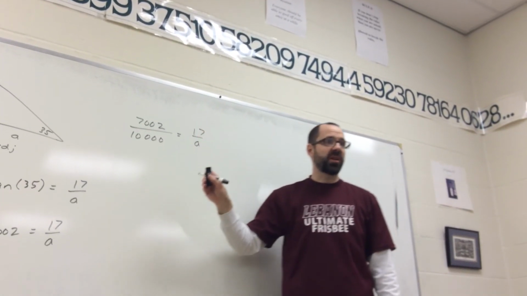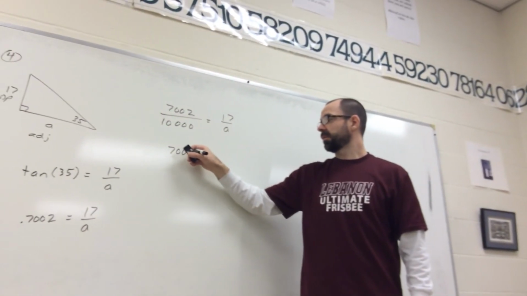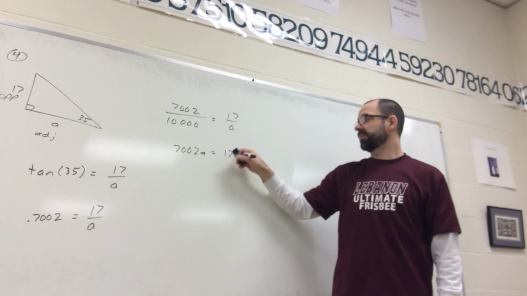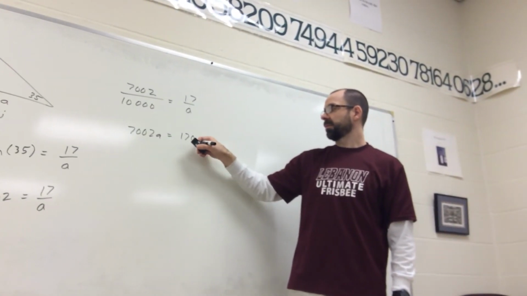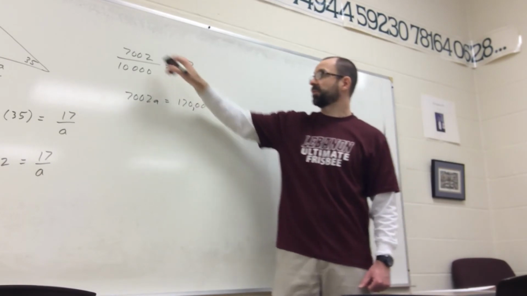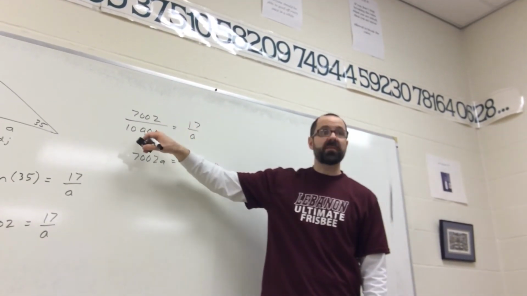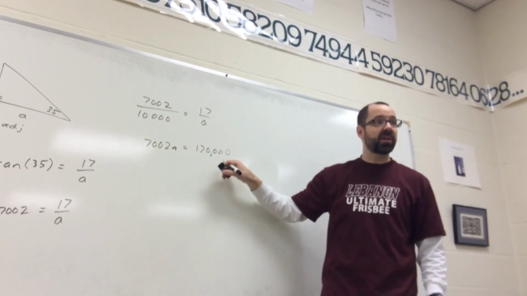And then you do the cross products from there. 7,002 times A equals 170,000. 7,002 times A was that cross product, then I took 17 times 10,000 for this cross product.